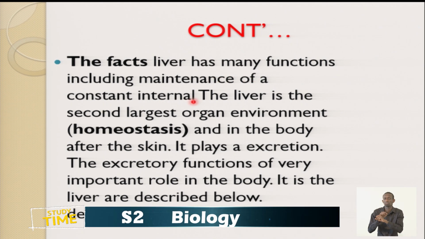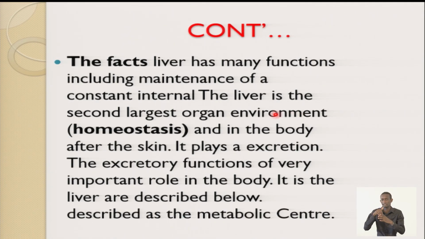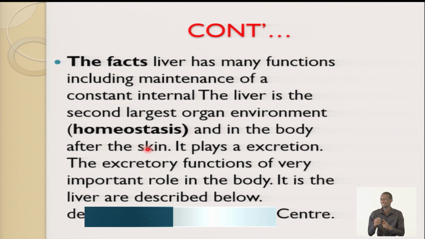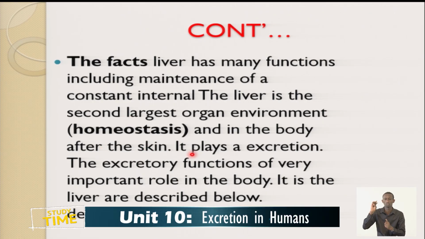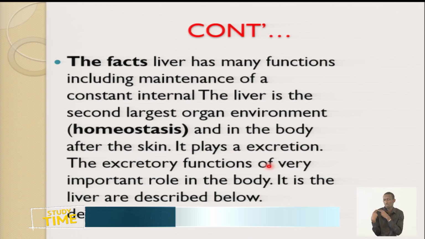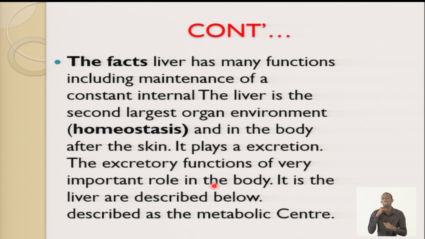The liver is the second largest organ in the body, after the skin. Internally, the liver is the largest organ, while externally, the skin is the largest one. So it plays the role of excretion. The excretory functions play a very important role in the body, and the liver does them as described below.